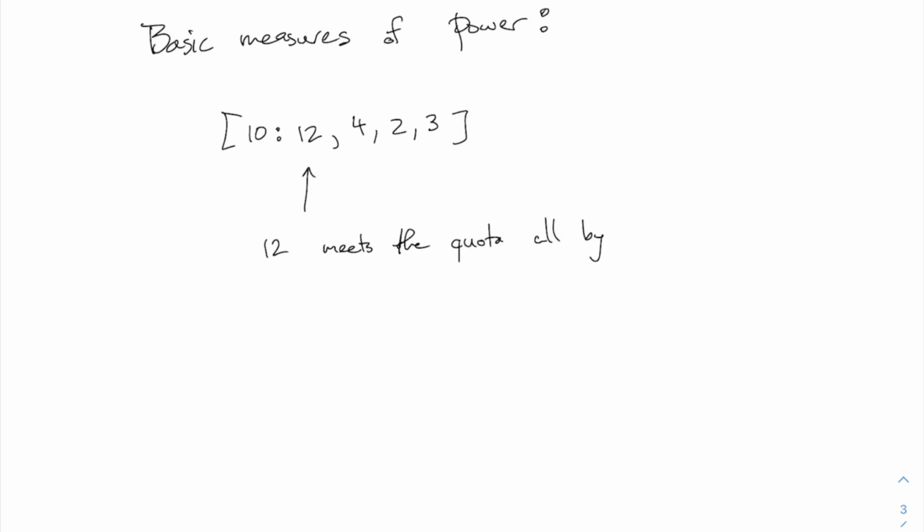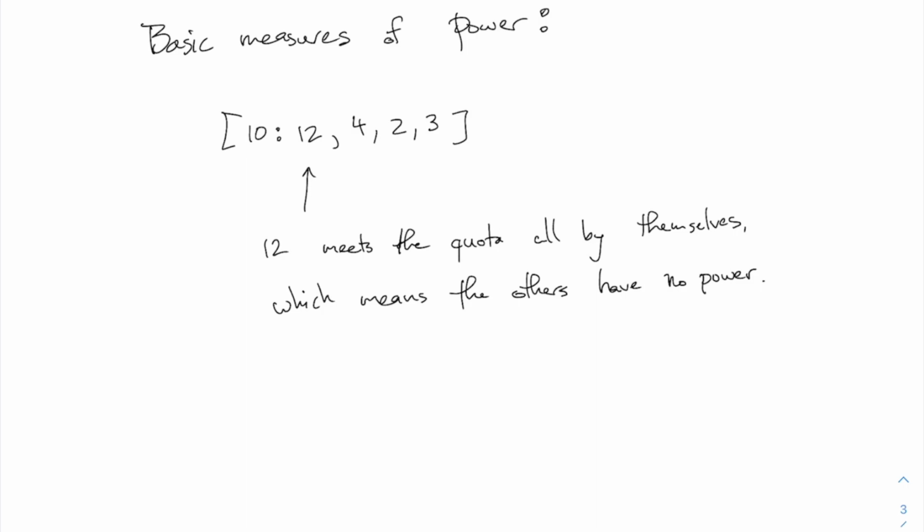If you ever see one of the weights bigger than the quota, then this is a very simple situation in terms of who has the power in this scenario. The 12 has all of the power, and these other people have no power at all. So 12 meets the quota all by themselves, which means the others have no power. All right, this is a simple scenario.